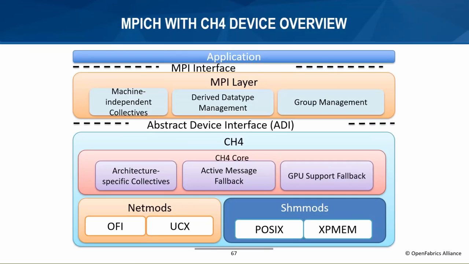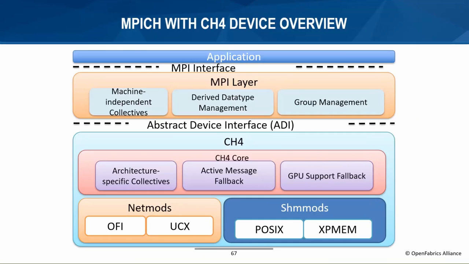We have a CH4 core that handles some of our architecture-specific collectives, and we have active message fallback and GPU support. These fallbacks are only for cases of functionality that the network does not support. So if anything is natively supported by the NetMods, which use libfabric or UCX, we call it directly instead of going to the fallbacks.